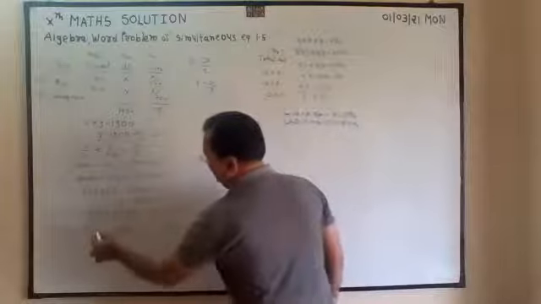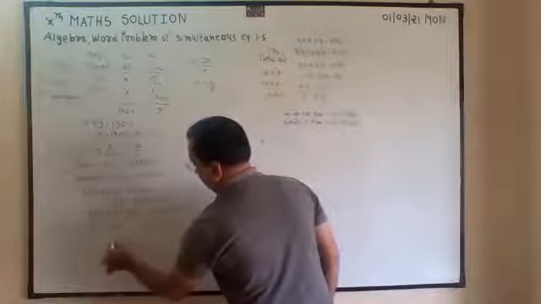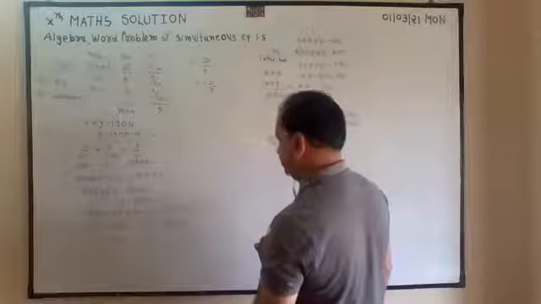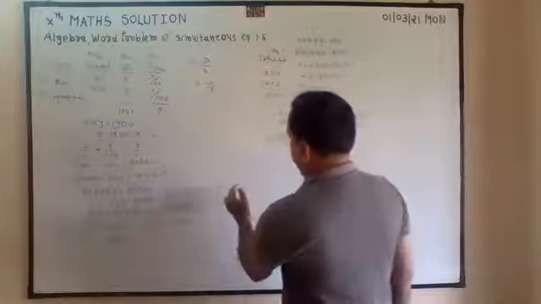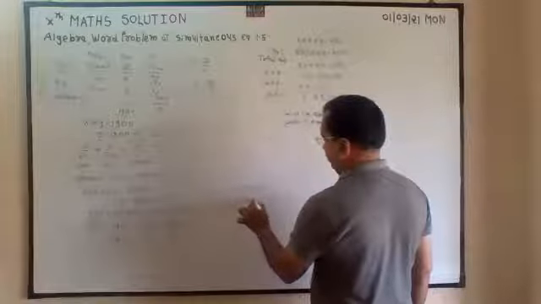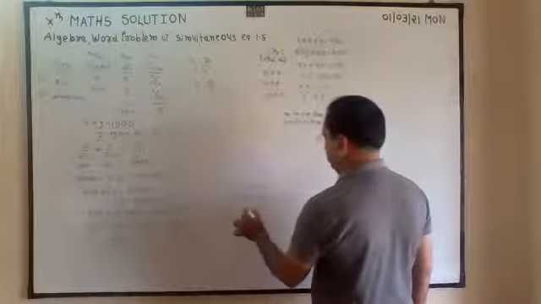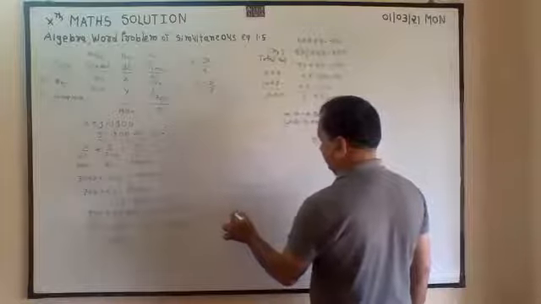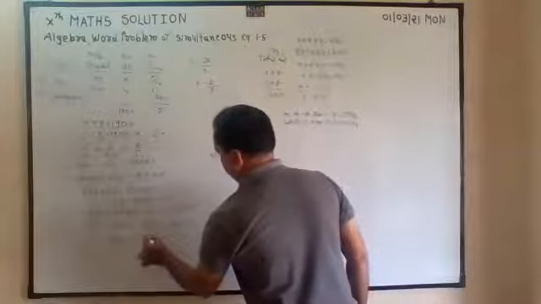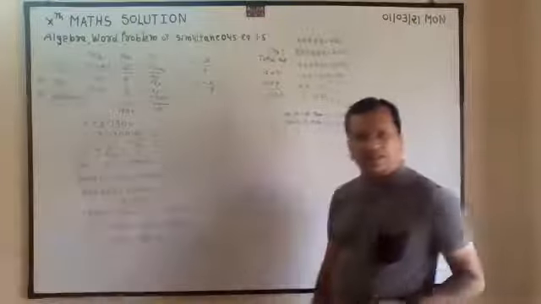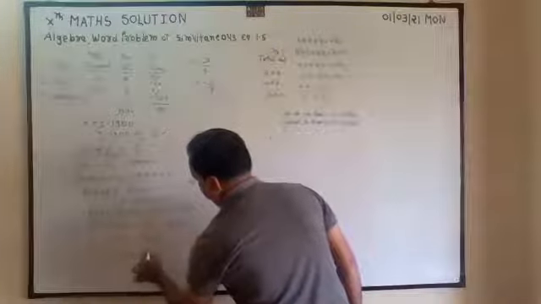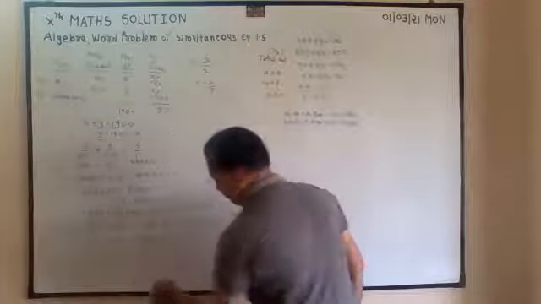This comes this side, this comes this side. So this minus this is equal to 64x. So 21,000 minus 11,400 is 9,600. Correct. Now x is equal to 9600 divided by 64.